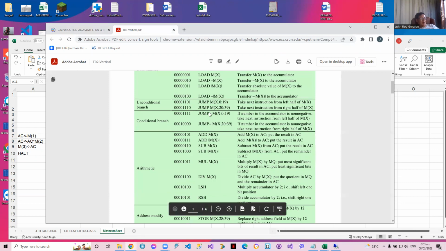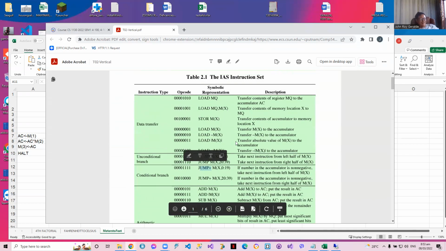Jump plus kasi yung ano, right? Okay, jump plus in the IAS, but count backwards if negative. Jump minus yung sa analytical engine, and we don't have a jump minus. Now you will see that it's difficult to do, no?